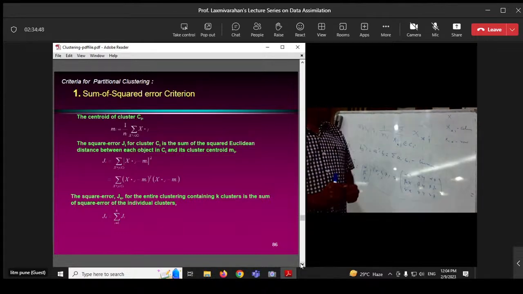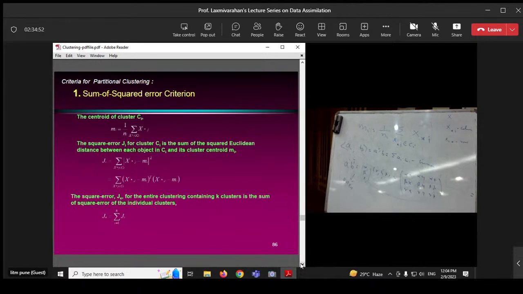So, until now, I based everything on simple intuitions. Now I'm trying to bring in some mathematical ways to characterize the quality of clusters. With me? Yes. The quality of clusters. So Ji is the measure of the spread. Je is the total measure of the spread.